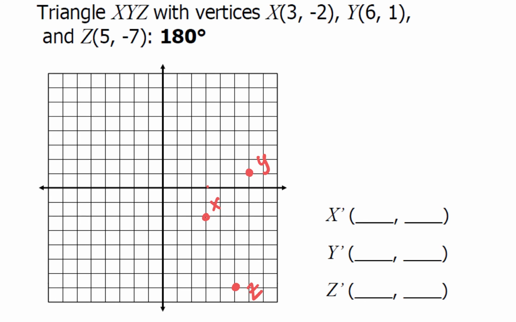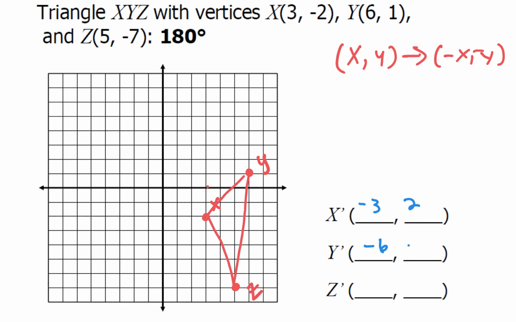So to find the new coordinates, I'm going to go ahead and connect these points. We have X, Y. When we find the new coordinates, all we have to do is change the sign of both the x and the y value. I'm going to use a different color. So we have (-3, 2), (-6, -1), (-5, 7). So that's X prime.